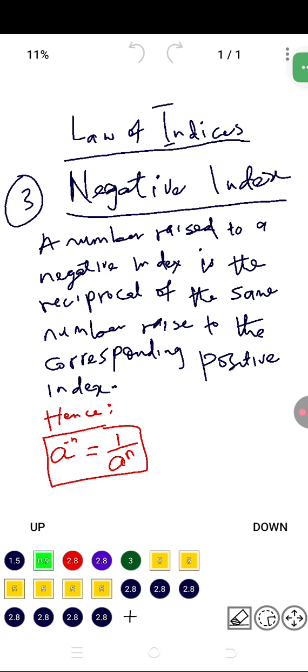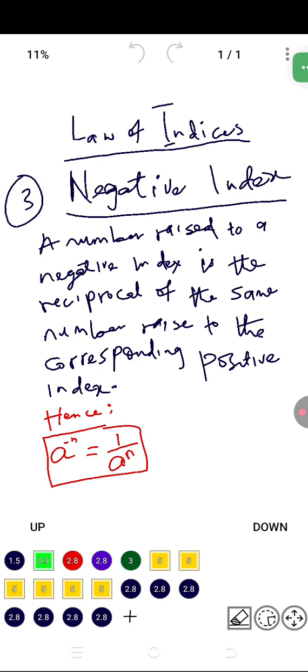So we started with the law of indices, and we've considered the multiplication law, the division law, and in this class we'll be looking at the negative index law. The negative index law states that a number raised to a negative index is the reciprocal of the same number raised to the corresponding positive index.